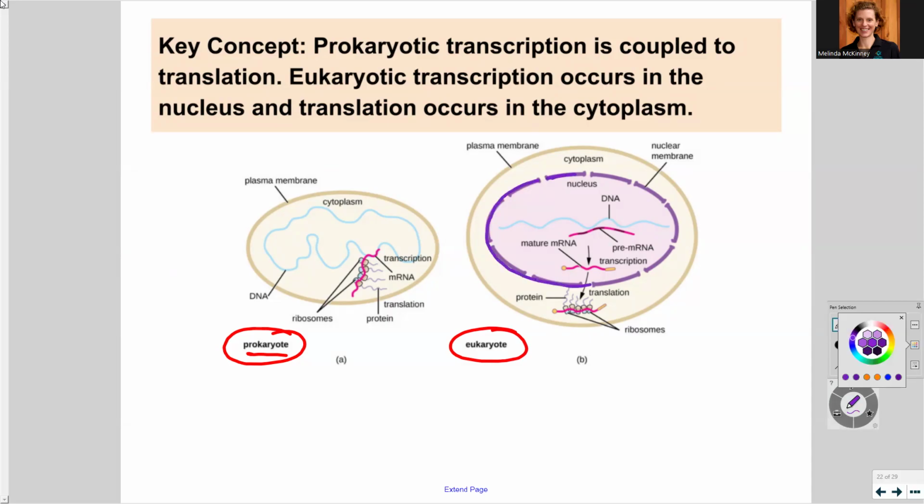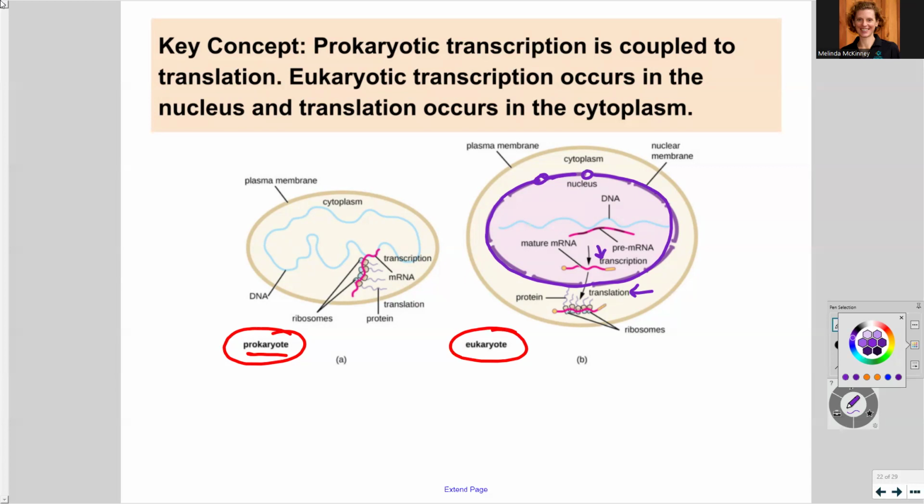It's just showing that there's pores in it, which is how stuff gets in and out, but this is the nucleus. So in the nucleus, eukaryotic cell, we talked about that's where you're going to find transcription. And then translation is going to be found out in the cytoplasm. So they're separated in space and time.